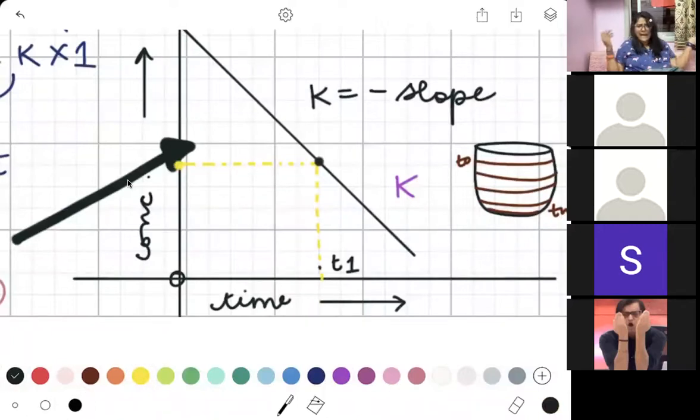Using this, I could find any particular concentration at any particular point of time. All that I would need are two quantities, the one at the start, one at the end. If I have a few in the middle, nothing as good as that. If I don't have, totally cool. I just need to know what concentration I started at, what concentration I ended at, what was the time at the beginning of the reaction, and what was the time at the end of the reaction. If I have these values, I'm all set.